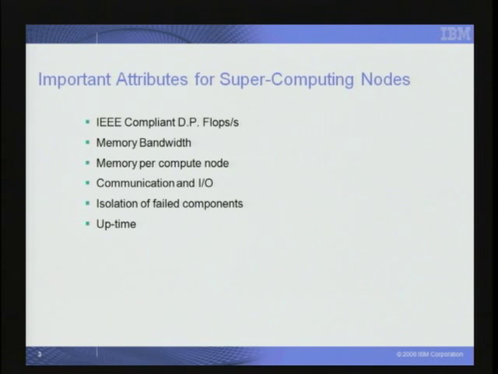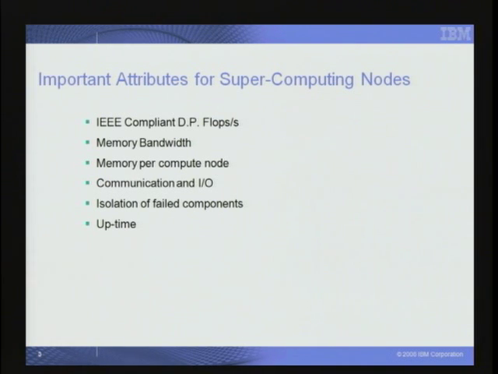So you have to talk about IEEE compliant double precision flops. Another important parameter is memory bandwidth. Again, there's a significant number of supercomputing applications that run at a rate determined by how many bytes you can move to and from memory.